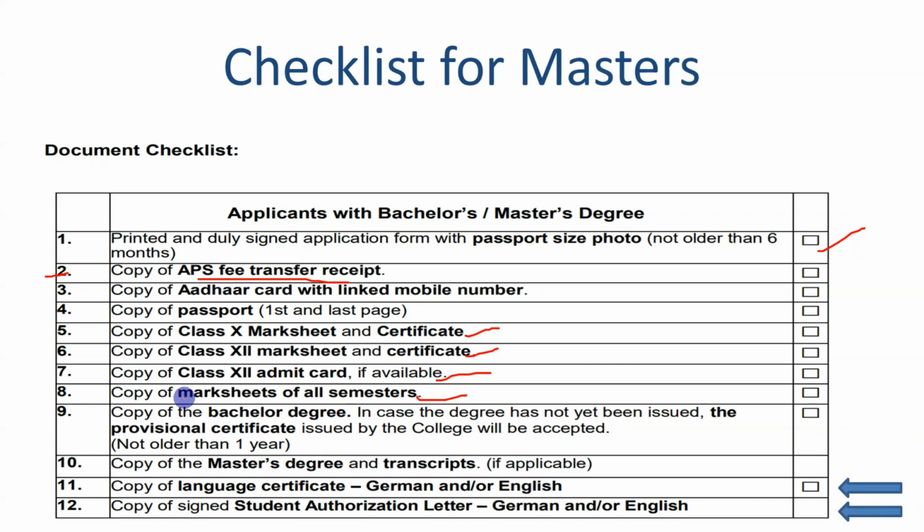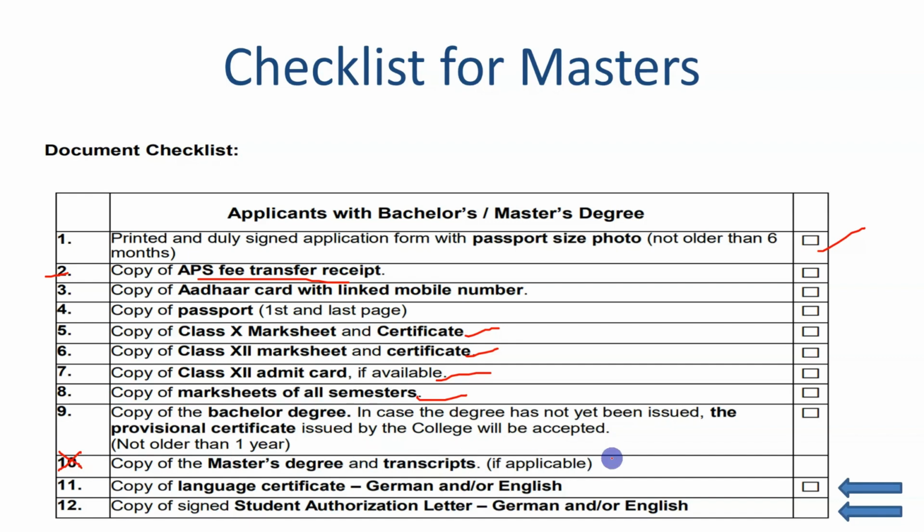So we have to attach all the semester mark list as well. And regarding this bachelor's, your provisional certificate will be valid for 1 year. So post completion of your bachelor's, after 1 year, you have to produce an original degree. Provisional certificate won't work.